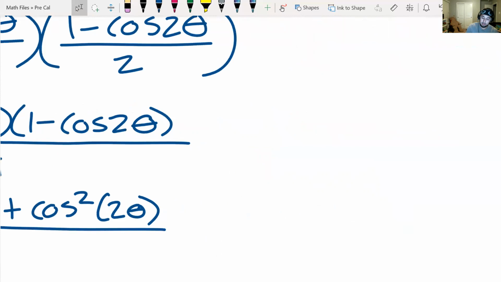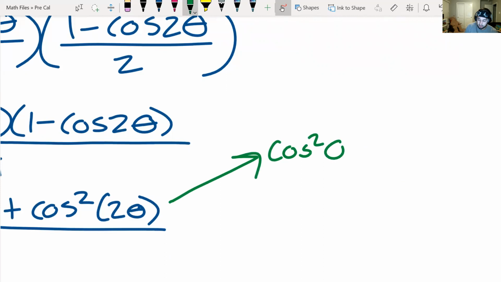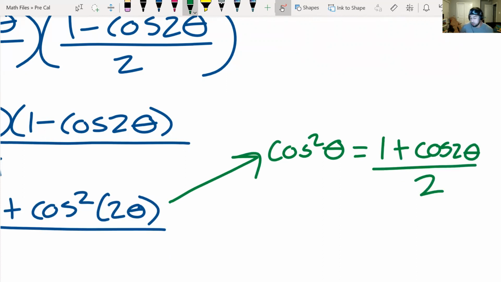Now, once again, I'm going to do that substitution trick that I did above, so you get to see it again. Remember, cosine squared theta is 1 plus cosine 2 theta over 2. So here's where we do that substitution trick again.